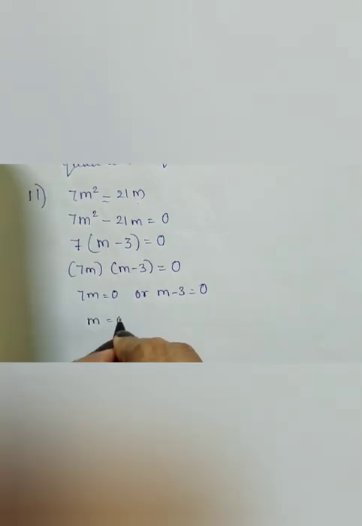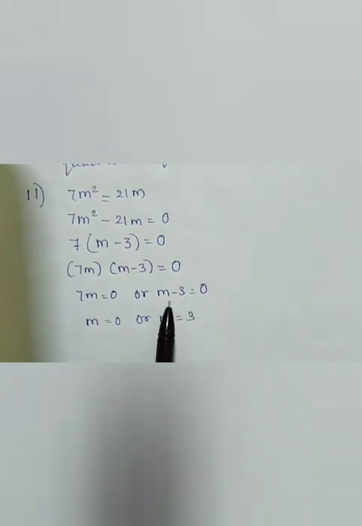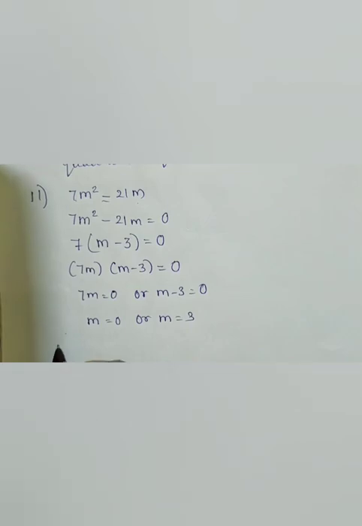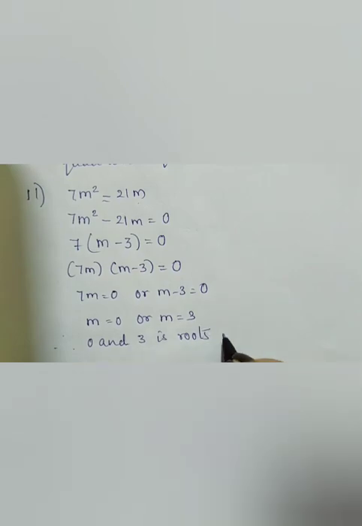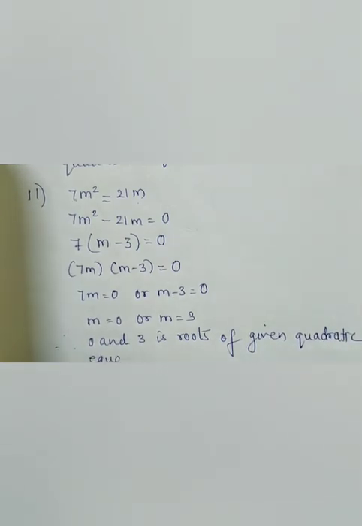So m is equal to 0 or m is equal to 3. The negative will become positive. I hope you are getting me. Therefore 0 and 3 are roots of given quadratic equation.